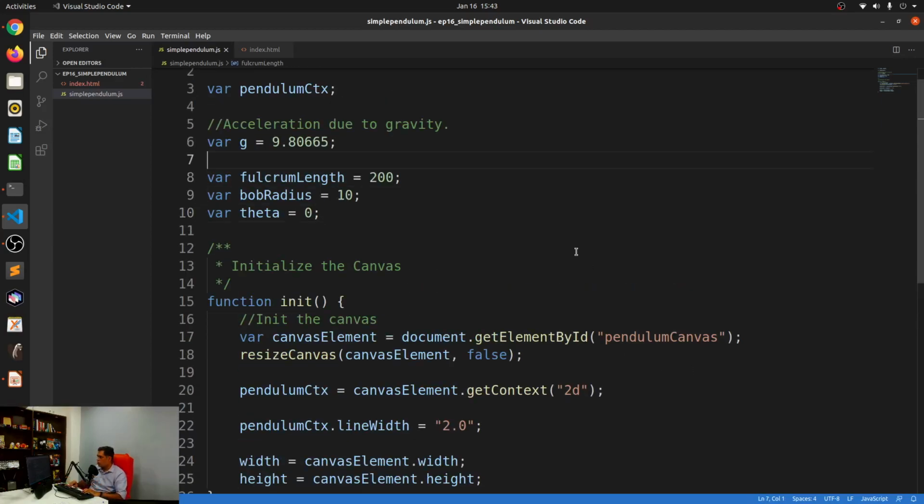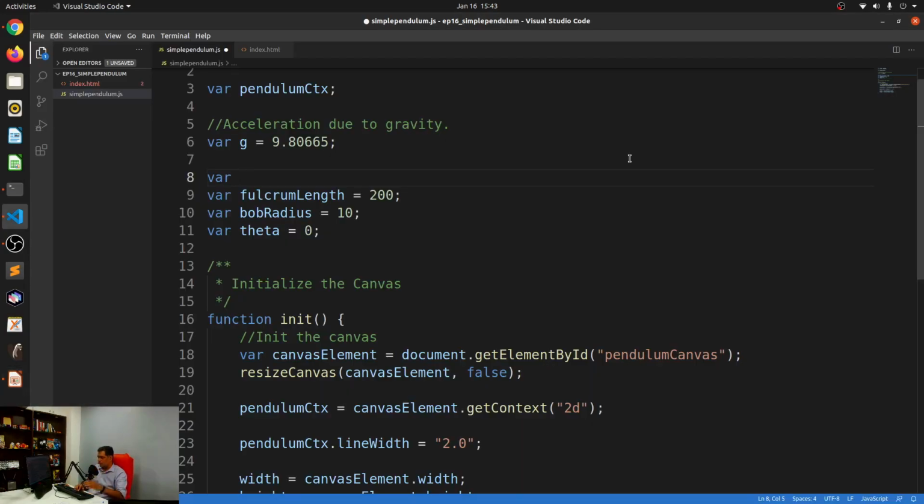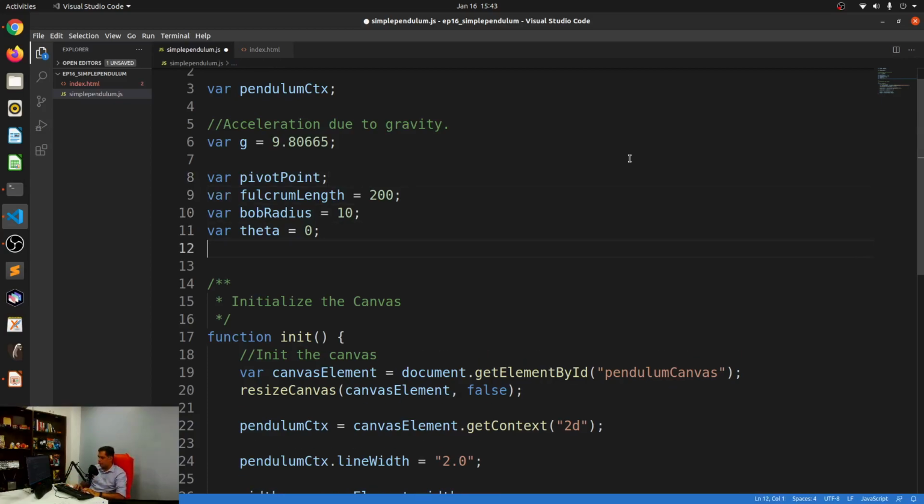Oh yes, I also need something called the pivot point, the point at which the pendulum is hanging. So I'm just going to declare a variable called pivot point, which basically signifies where the pendulum is hanging by. So I have the pivot point, and then what do I need? I also need the bob's location.